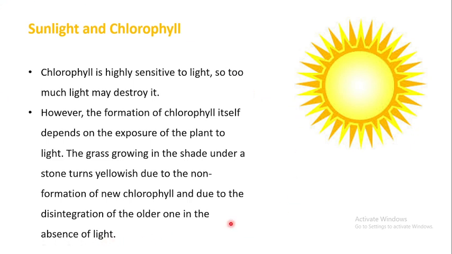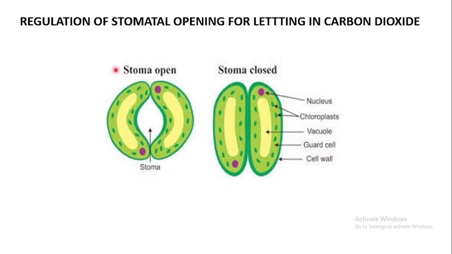So even if the light is absent, then the chlorophyll will disintegrate, okay, and also the new chlorophyll will not form. Whereas if you give too much light also, then also it is highly sensitive and this may get destroyed by it. So an optimum amount of sunlight is required for the proper functioning of chlorophyll.